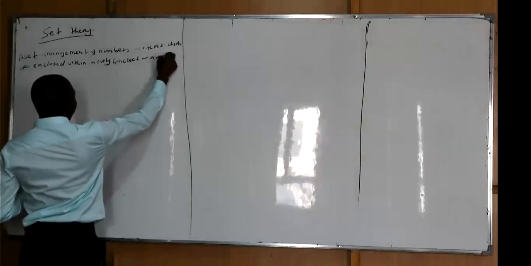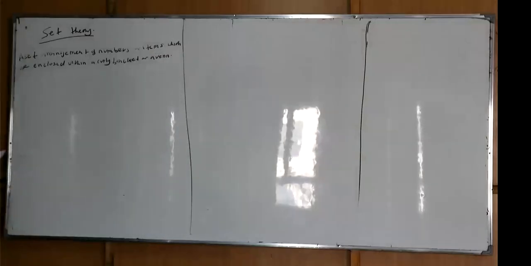A set is an arrangement of numbers or items which are enclosed within a bracket. What is a bracket? A bracket is this.